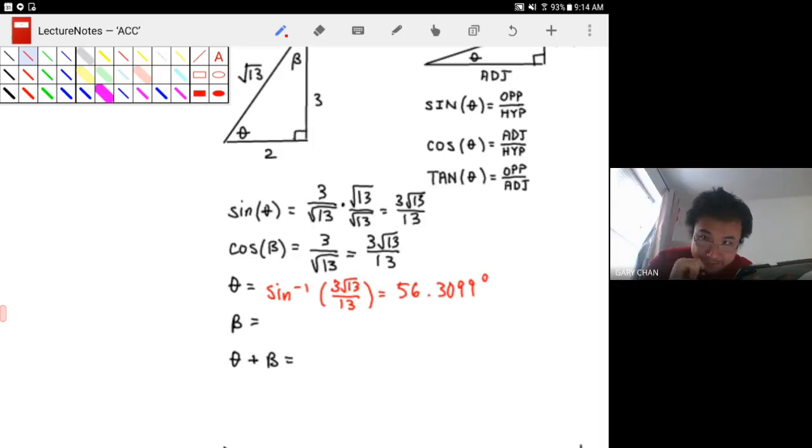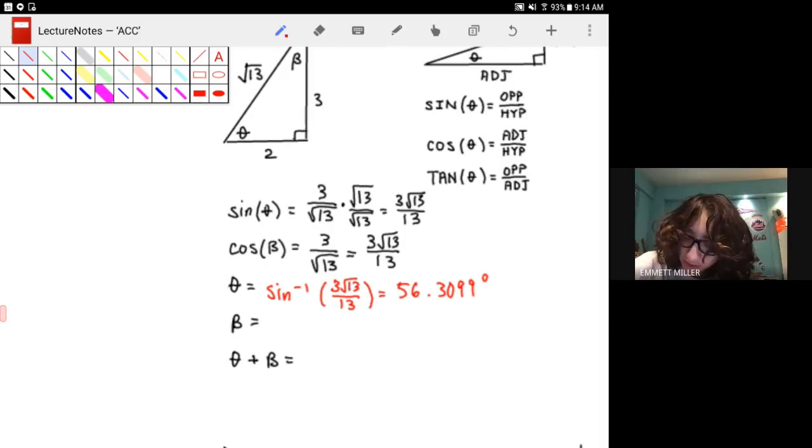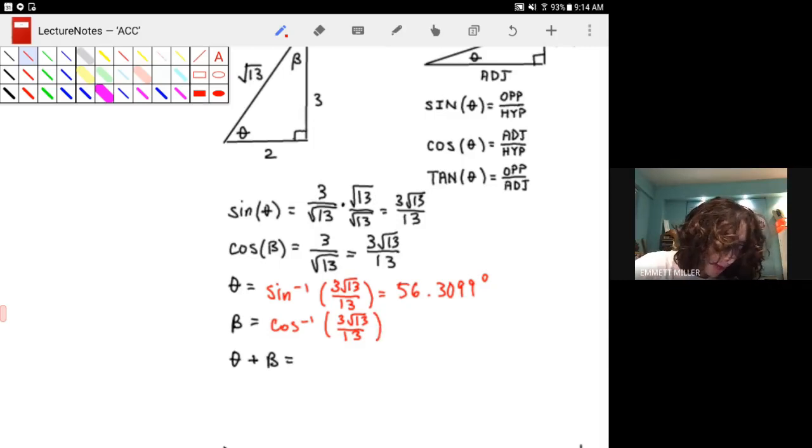And maybe Emmett, can you tell us what to do to find out what beta is? You do this same thing. Well, not the same thing. It's arc cosine and then 3 radical 13 over 13. I have my calculator handy, so I'll do the honors. Even though I probably know the answer.